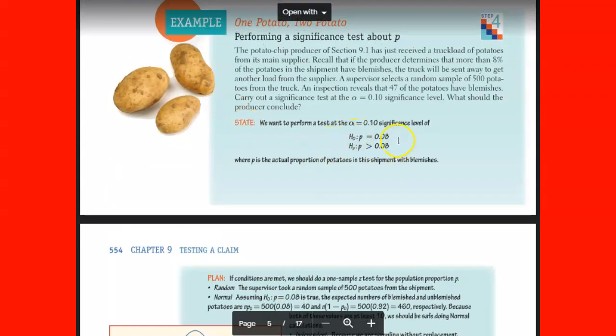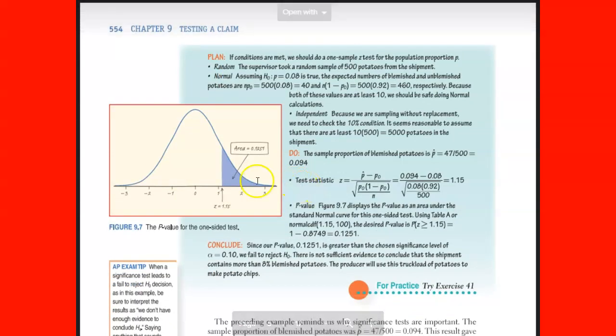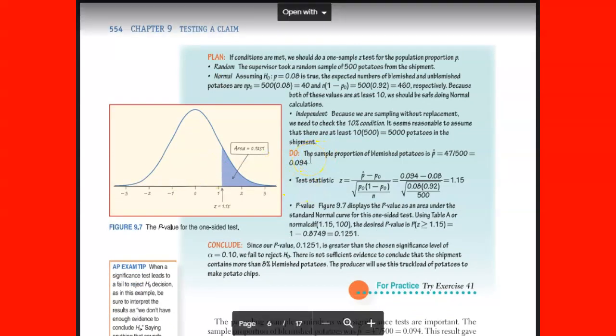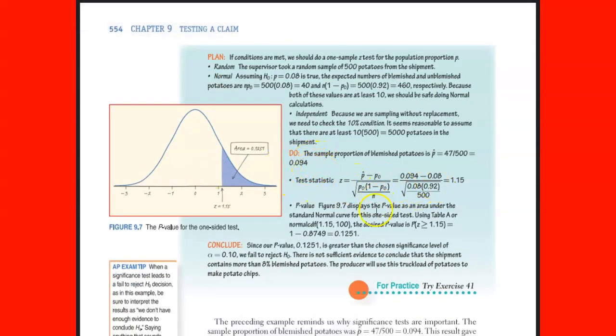State, plan, do, conclude. State has the hypotheses in it. Plan: check your conditions, randomness, normality, independence. Do is where Darren says you're going to do these calculations. If you look in the back of the book, you're going to see all this stuff. We're doing it on your calculator.